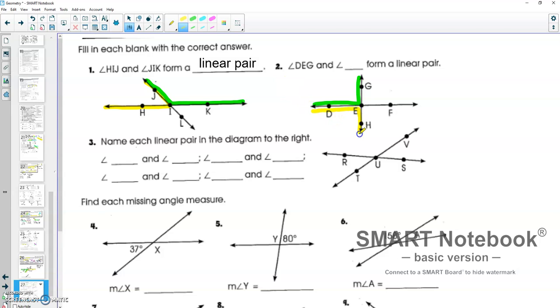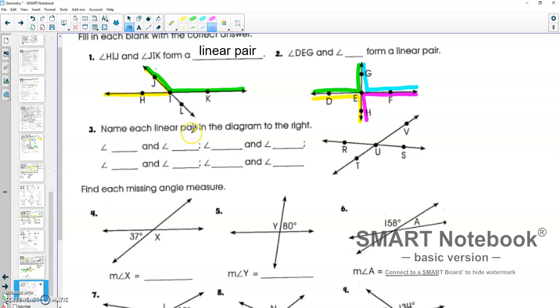I'm going to highlight this just to show you the four different angles. This green angle, DEG, does it make a line with GEF, DEH, or HEF? Remember, it has to make a line. It's your choice. There's actually two answers for this.